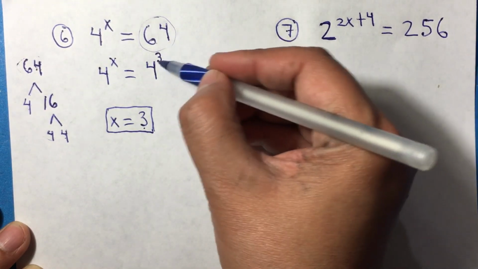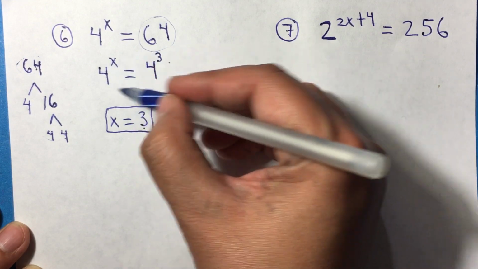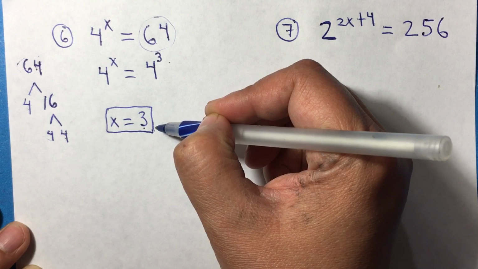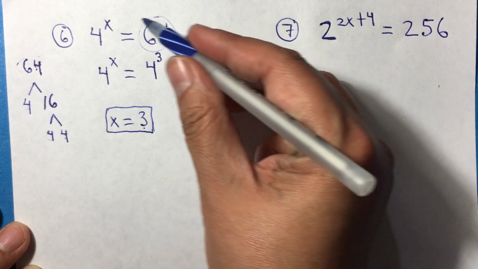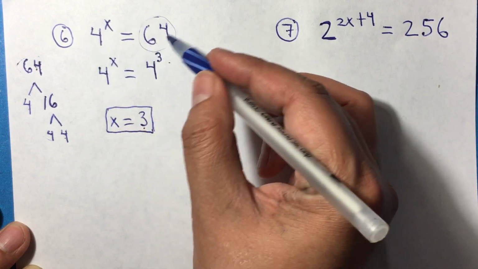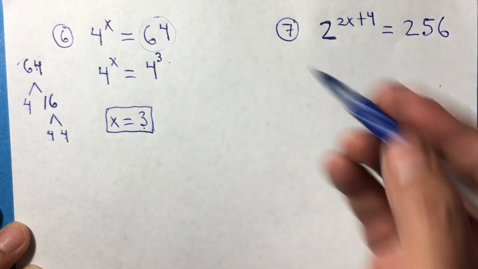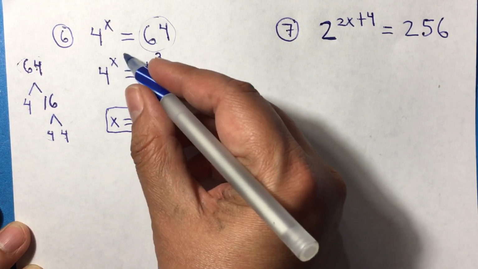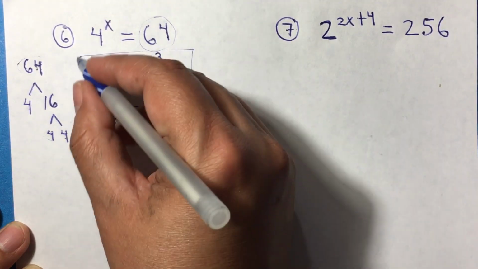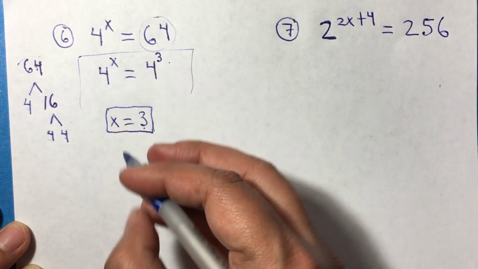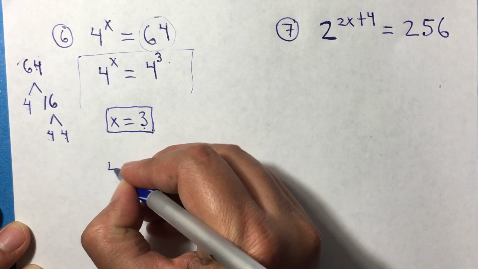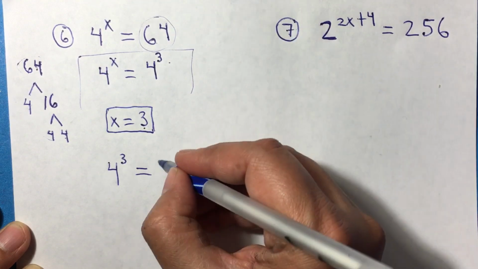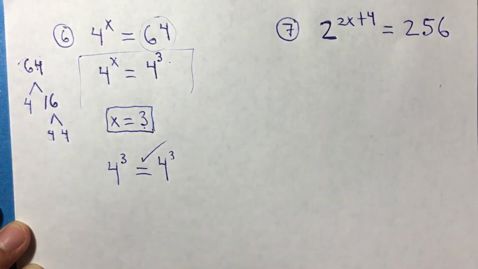However, if there were some mistakes in here, it might say, oh, this is a true answer. The solution is checked correctly, but that's only if this matches this, okay? I don't know if that makes sense. So now, this is the one that we're going to check, and so we replace x with 3, so 4 to the third power is equal to 4 to the third power, so we say yes.